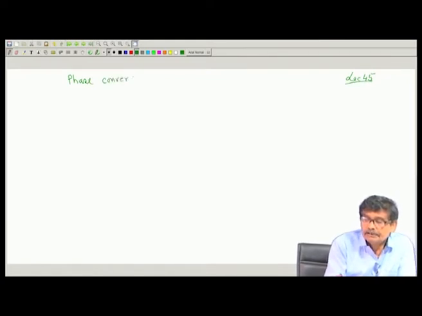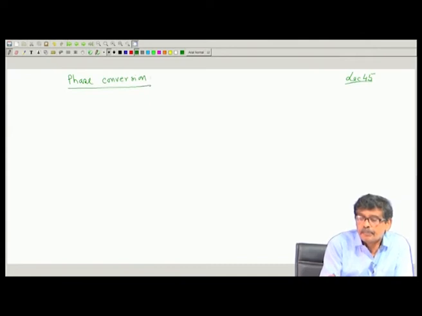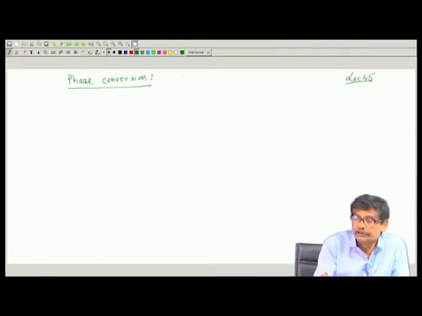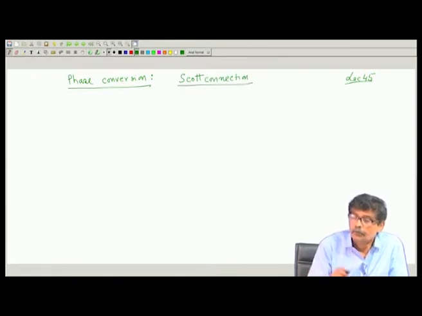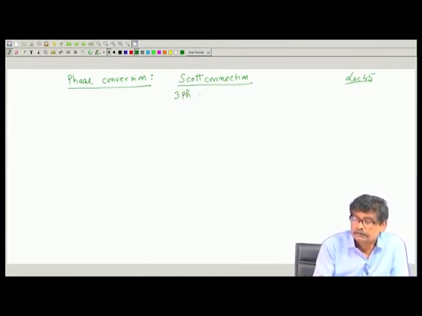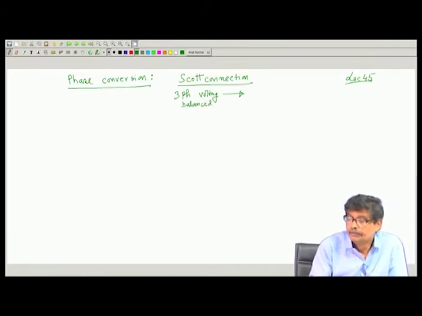We will briefly discuss that phase conversion, of which one very popular connection is called Scott connection, which changes a given three phase voltage, it converts a three phase balanced voltage to a two phase balanced voltage.